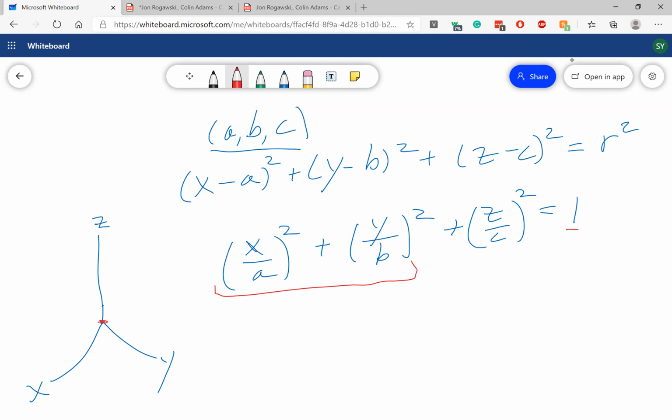Or bigger, it doesn't really matter. Anyway, you would have something like this. Now notice when y is 0, which happens here, we have x squared over a squared is equal to 1, which means that x squared is equal to a squared, which means that x is equal to a, which means this over here is a.